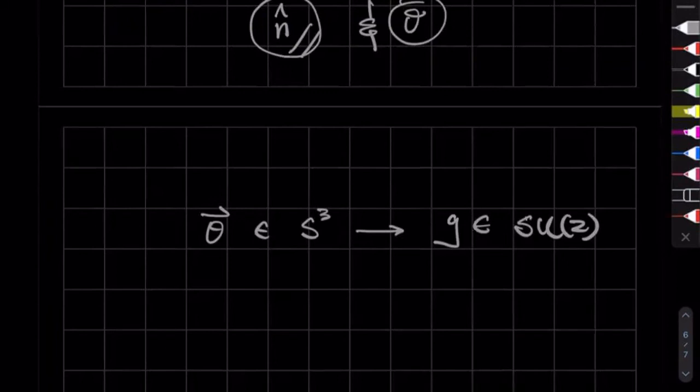A Lie group element is labeled by a point on a manifold, and that point on the manifold is given by, in this case, 3 numbers. These are 3 angles, right? There is no way a priori to turn that into a matrix.